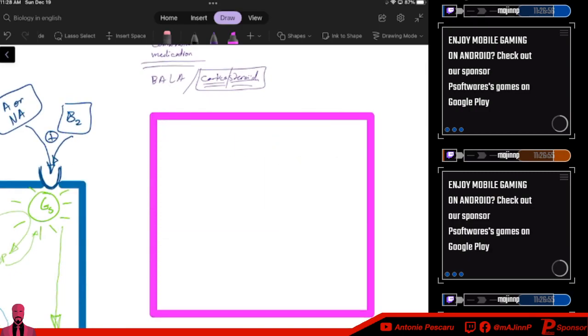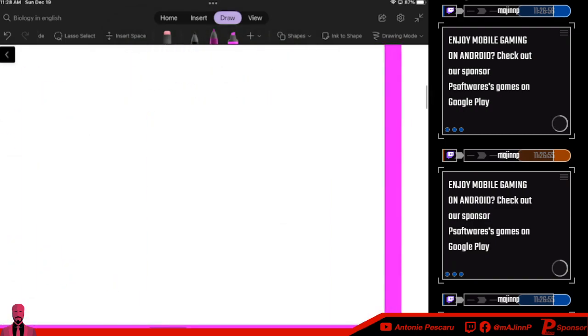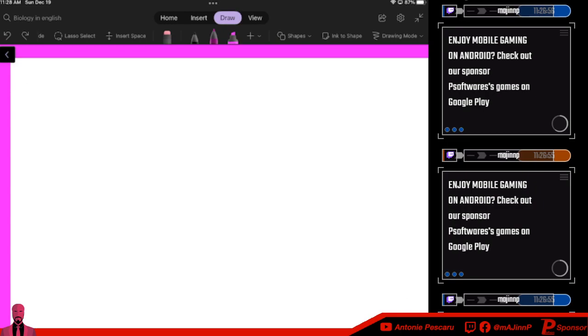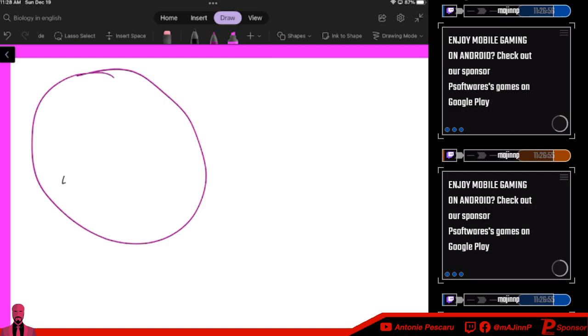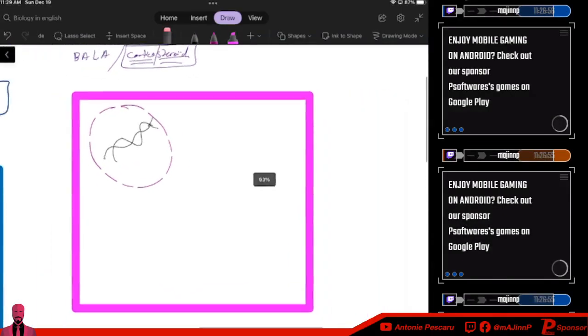If I redraw my cell over here, actually, I'm going to make a bigger cell membrane, nucleus with little holes. Oh, whoops, sorry. So like this, and this, and this. And now basically what our corticosteroid is going to do, we have our membrane over here.